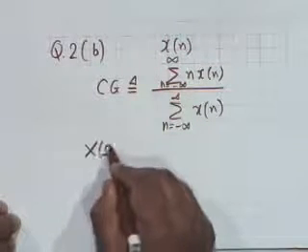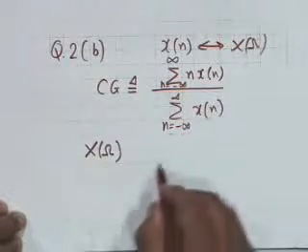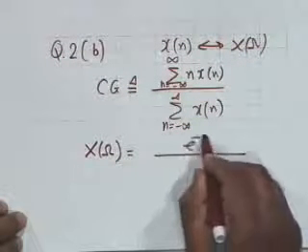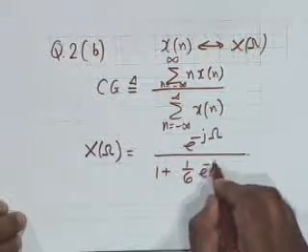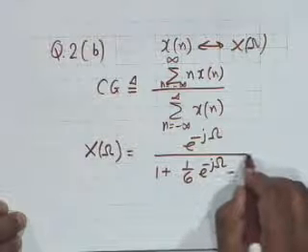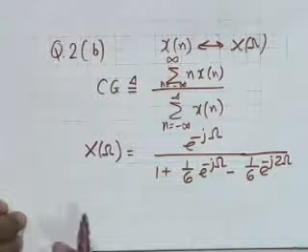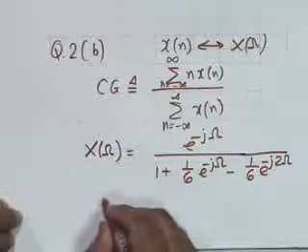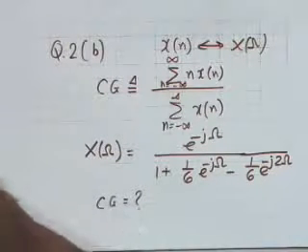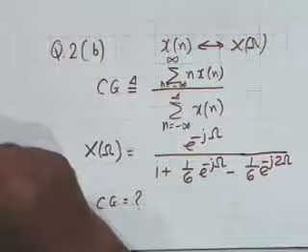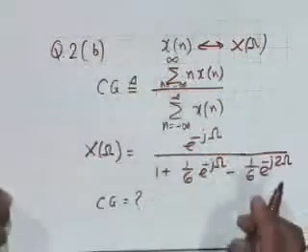If the DTFT of the signal x of n, capital X of omega, is given as e to the minus j omega times 1 plus 1/6 e to the minus j omega minus 1/6 e to the minus j 2 omega, then you have to determine the CG of this signal without finding x of n, even though this was specifically mentioned without finding x of n.